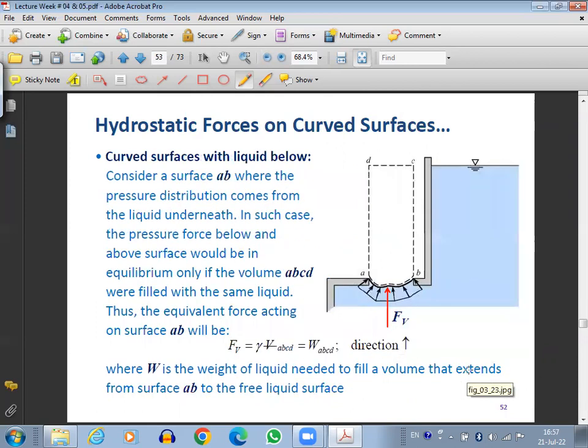Suppose we have a situation like this, then we have to find out the weight as if there was water here, again on this surface. Now in this case, the curved surface is submerged from below, while in the previous case it was submerged from above. So we have to find out the weight. Obviously, the direction of the hydrostatic force will be different.